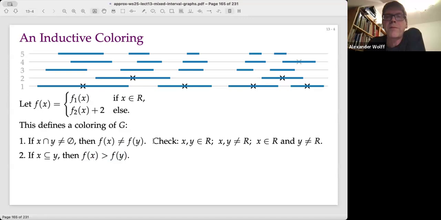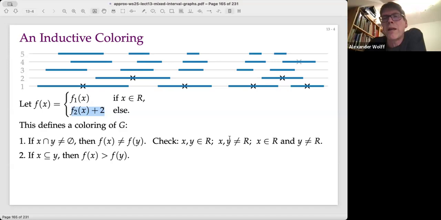And for the first statement, we have to check if x and y are both in R. Well, then it's clear because F1 colors R, so it gives me different colors for overlapping segments. If both are not in R, then I use this lower definition, but this is a coloring of G prime.